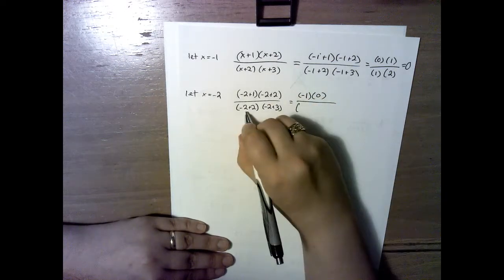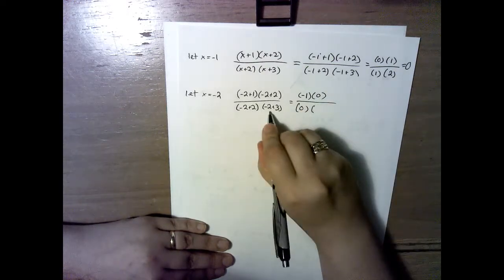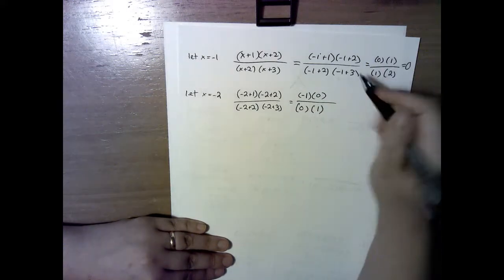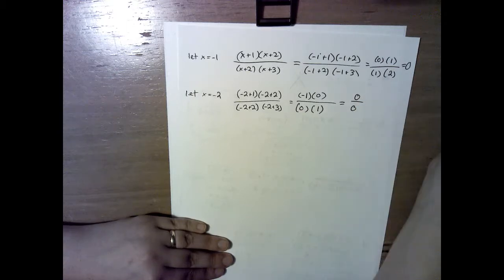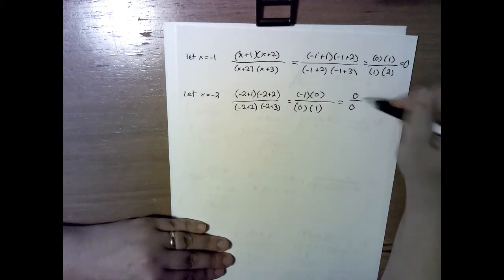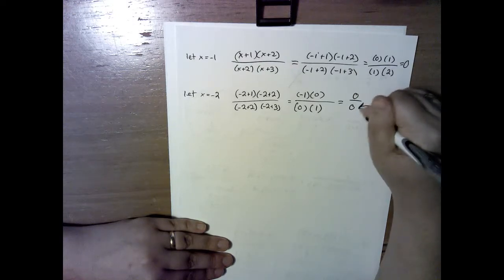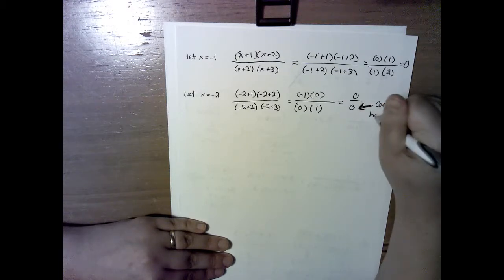I have 0 on the bottom, which is not fine. And then I have -2 plus 3, which is 1. So what I end up getting is 0 divided by 0. It's fine that I have 0 on the top here, but since I'm dividing by 0, this is where my restriction is coming from. So this is what can't happen.